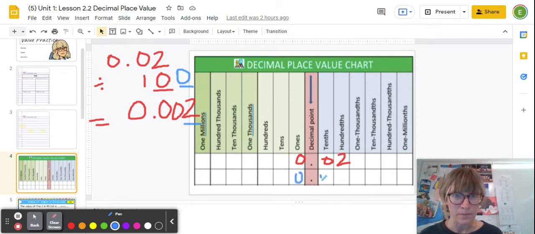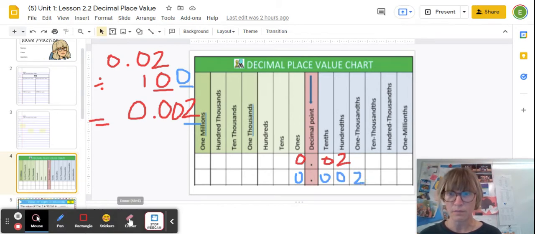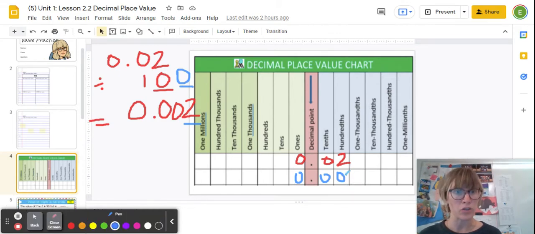So instead of being at 0.002 as we were, I'm going to erase that 2, and we're going to divide by one extra zero. We want to whoop it down one more place value spot. So that's where it was when we divided by 10, but we want to divide by another 10. 10 times 10 is 100.